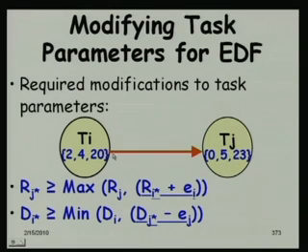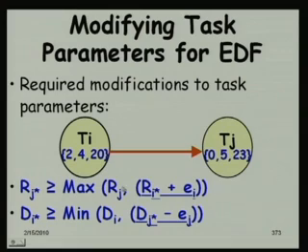Now, for Tj, let us compute the ready time. The ready time will be maximum of Rj, which is 0, plus Ri star plus Ei, since it is the task which does not depend on anything.